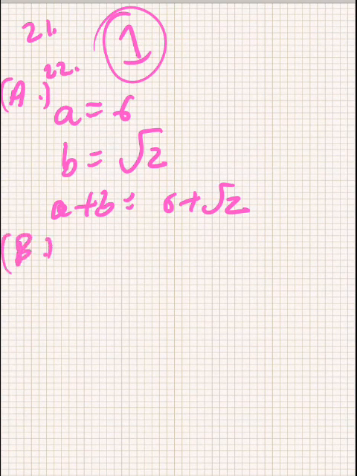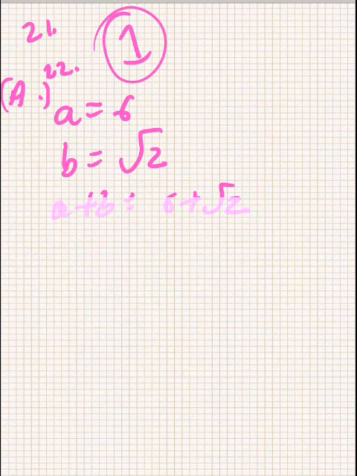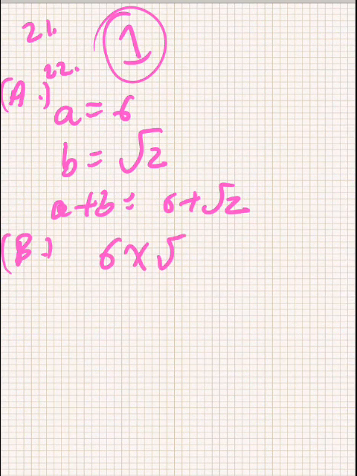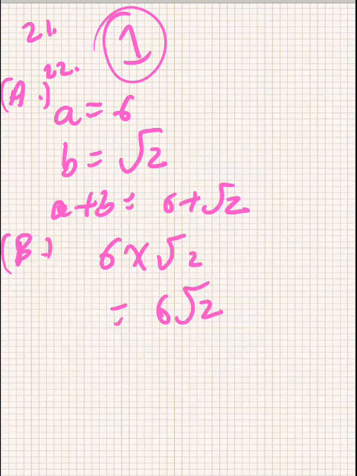After that for b part, the product of a non-zero rational number with an irrational number is always irrational. So the rational number is 6 and the irrational number is root 2, so the product is always an irrational number. So yeah, it's correct. After that c part, addition of any two irrational numbers can be rational.